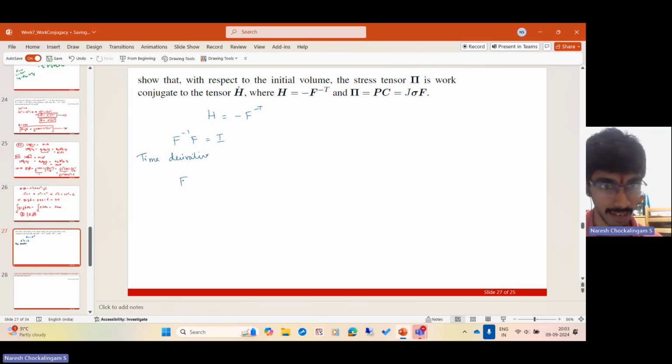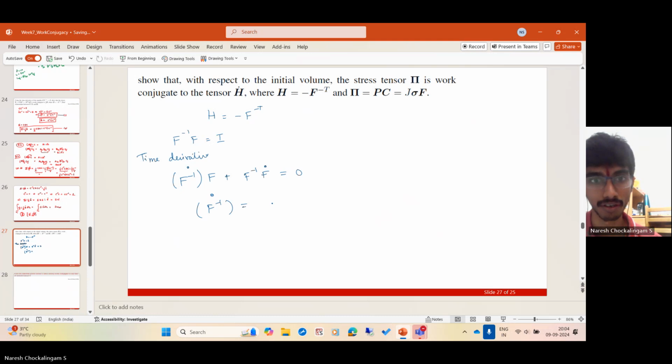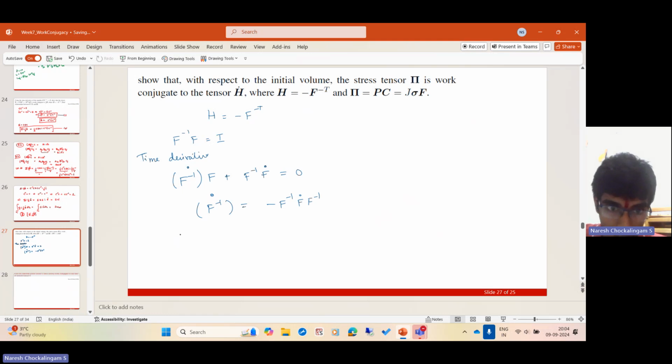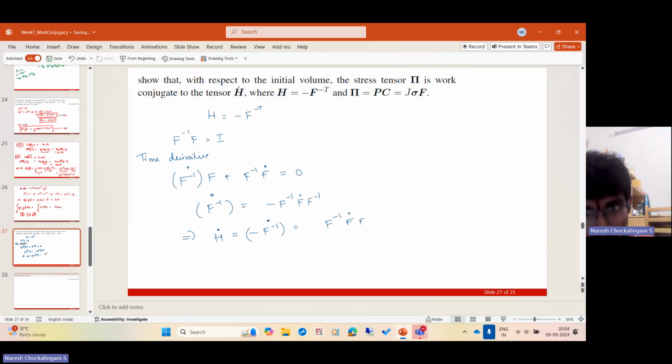We get F inverse dot F plus F inverse F dot is equal to 0, which means F inverse dot is equal to minus F inverse F dot F inverse. So this F I have taken to the other side, which means H dot, which is minus F inverse dot, is equal to F inverse F dot F inverse. Let us call this result A.